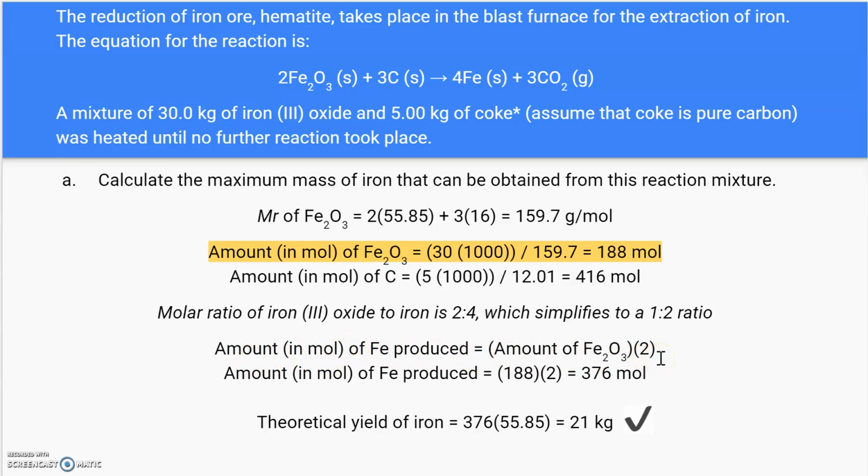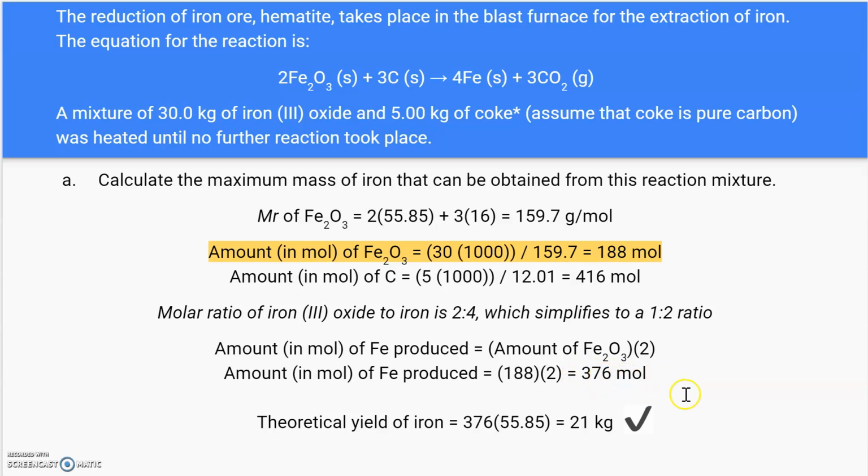Taking this relationship into account, the amount in moles of iron produced is twice the amount of iron oxide that is reacting. We have calculated that amount, so we just multiply it times 2 and get that the amount in moles of iron produced is 376.